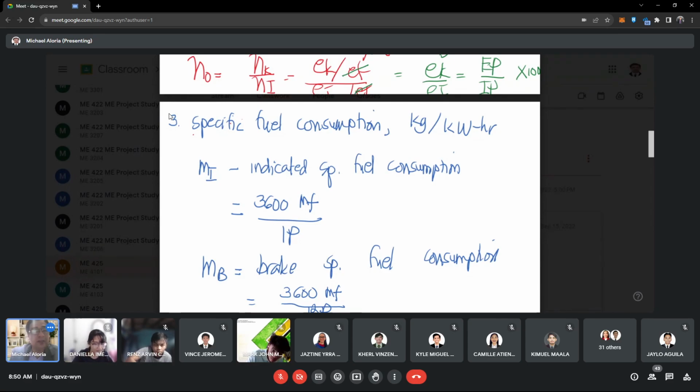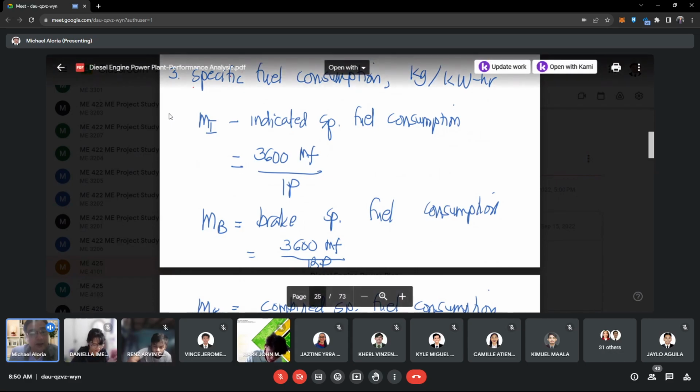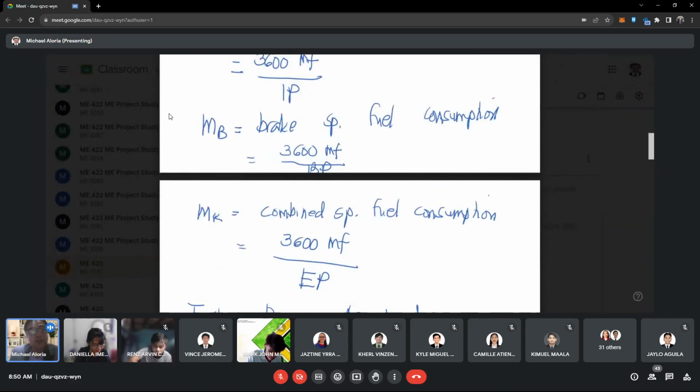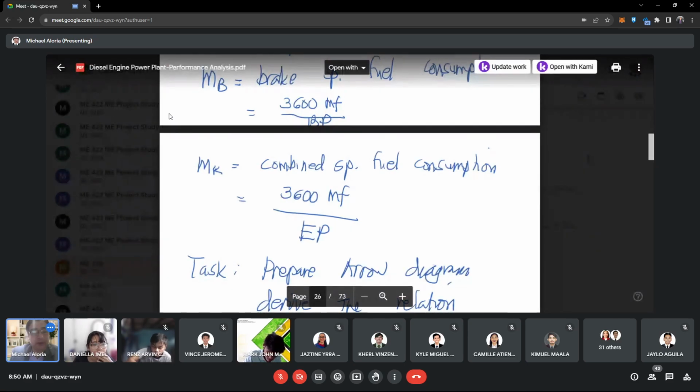For brake specific fuel consumption, it is 3,600 MF over BP. And finally, the combined specific fuel consumption is equal to 3,600 MF over EP.